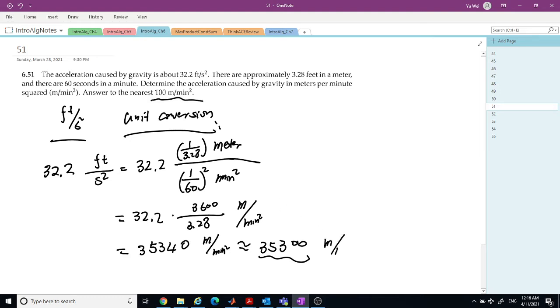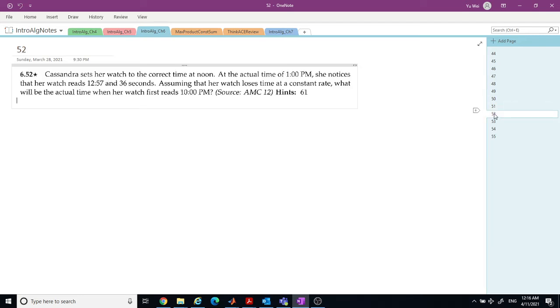So meters per minute squared. Okay, next.